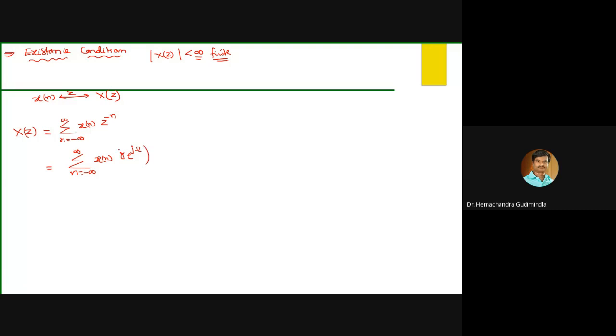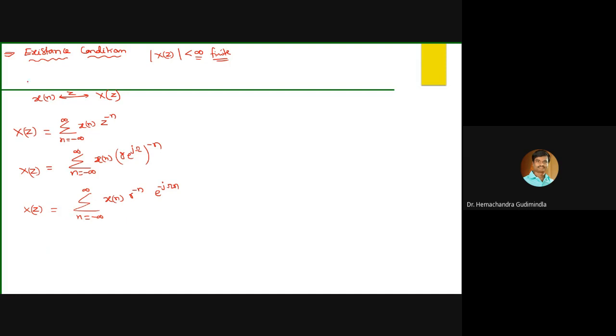So X of z is equal to summation n equal to minus infinity to infinity x of n into r power minus n into e power minus j omega n.